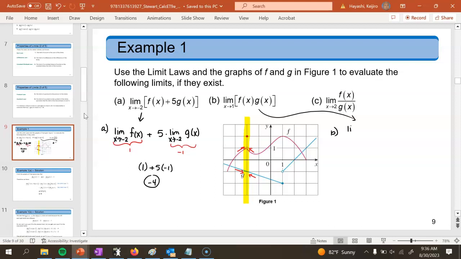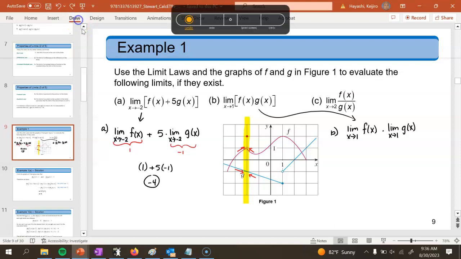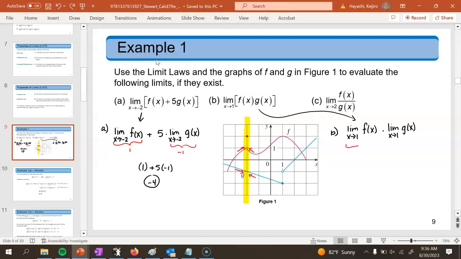We can rewrite this as the limit as x approaches 1 of f times the limit as x approaches 1 of g. And then just find these individual limits and then multiply them together to find this. Okay. I'll find out what those are and multiply them together.